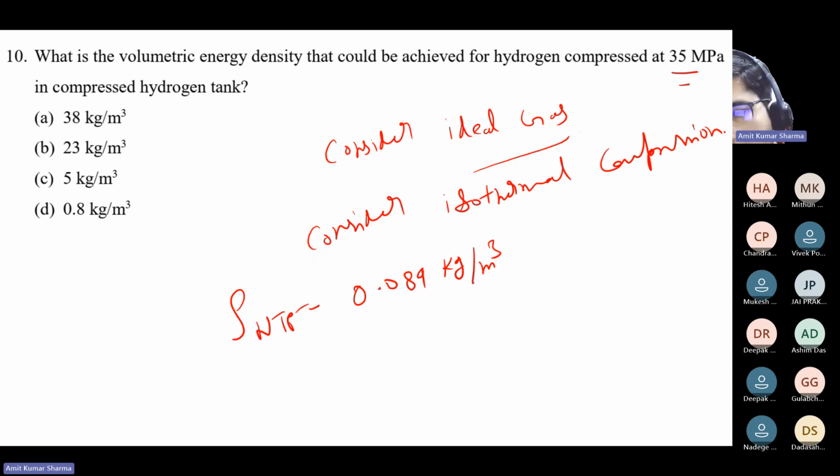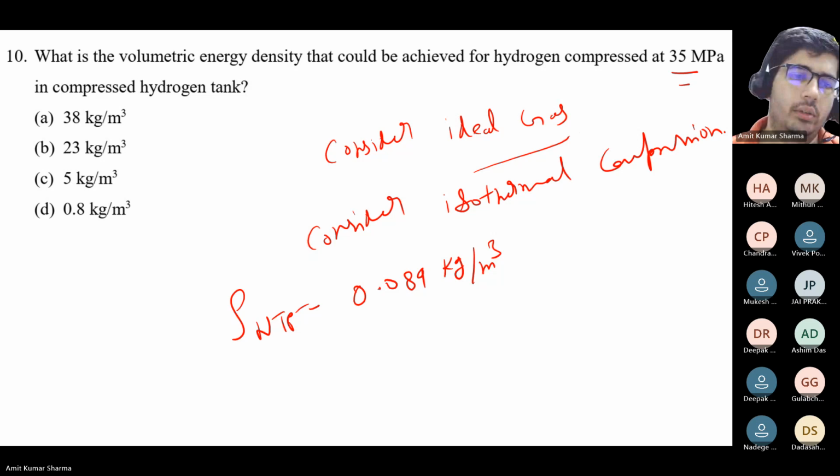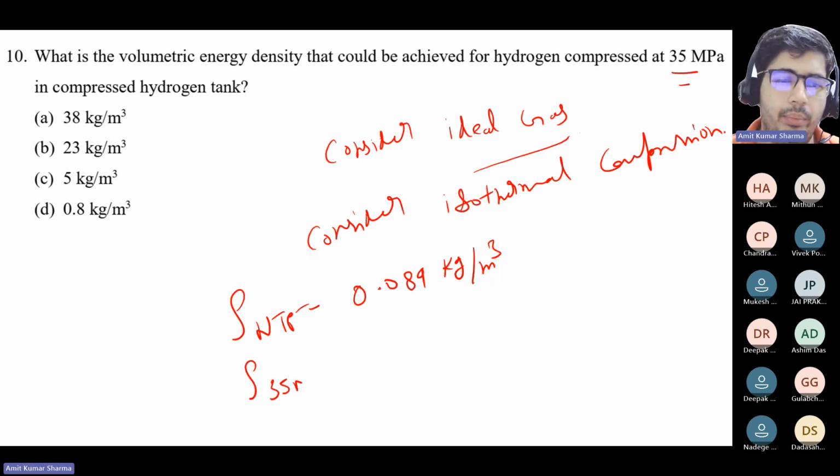Okay. But now I have given you conditions that you need to consider the ideal gas behavior. You need to consider the isothermal compression. Now calculate the density at final pressure of 35 megapascal, if the density at NTP is 0.089 kg per meter cube. This is the question. So what will be the density at 35 megapascal?